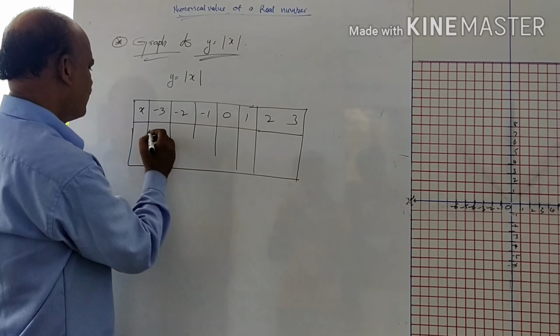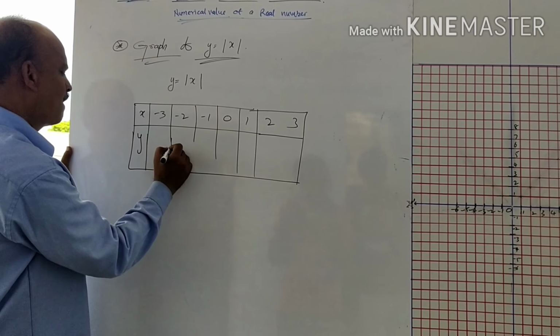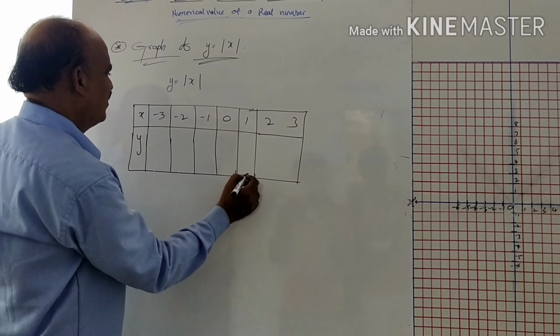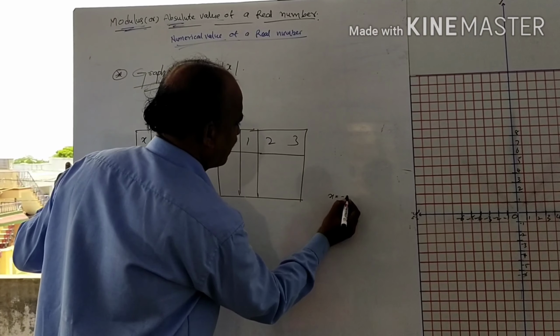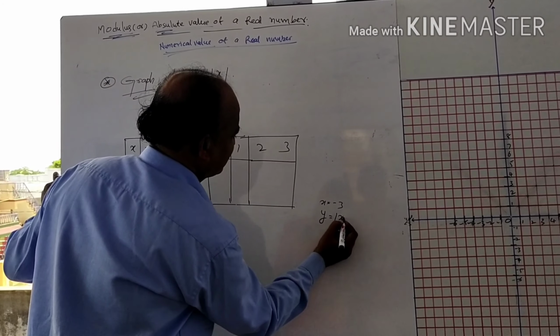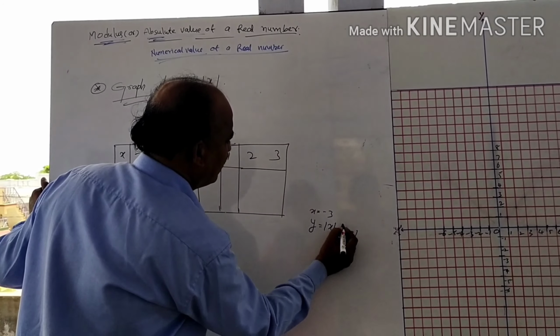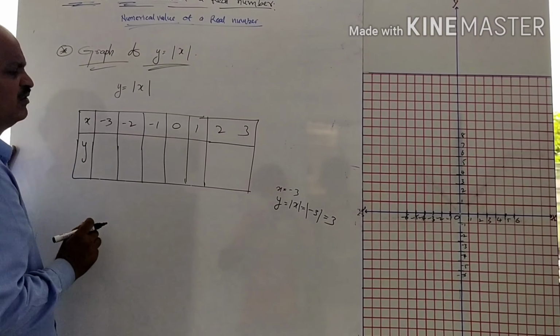We have to find y values. Substituting x equal to minus 3, y equal to modulus minus 3 equal to 3.